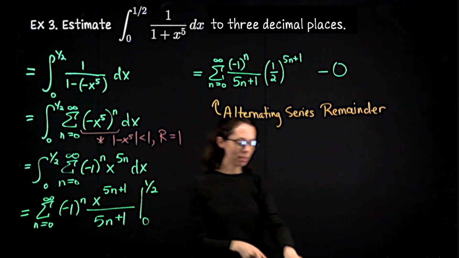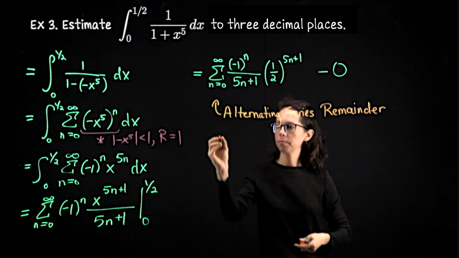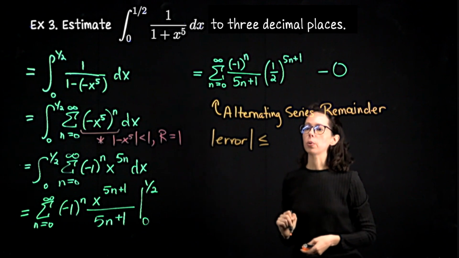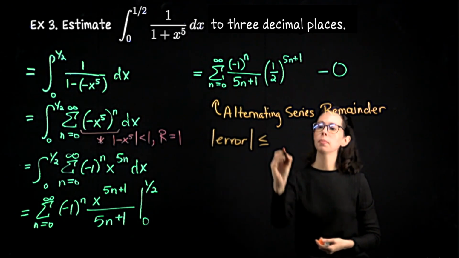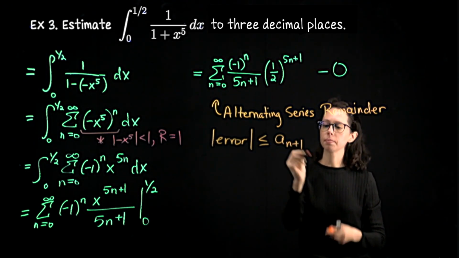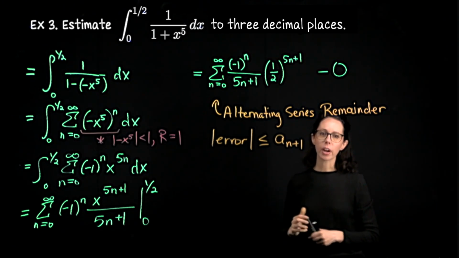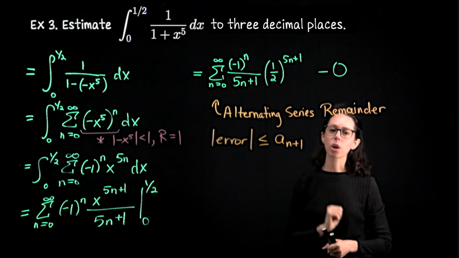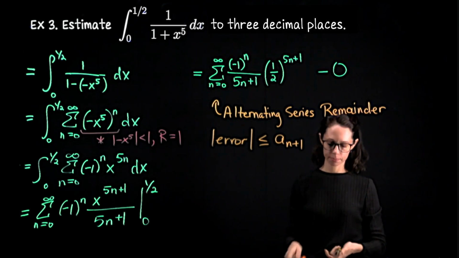So let me write that down. How about I just write error? The size of the error is less than or equal to the next term, a n plus 1. So we want to figure out how many terms we need in order to say, hey, the next term is really small. It's not going to affect the first 3 decimals.